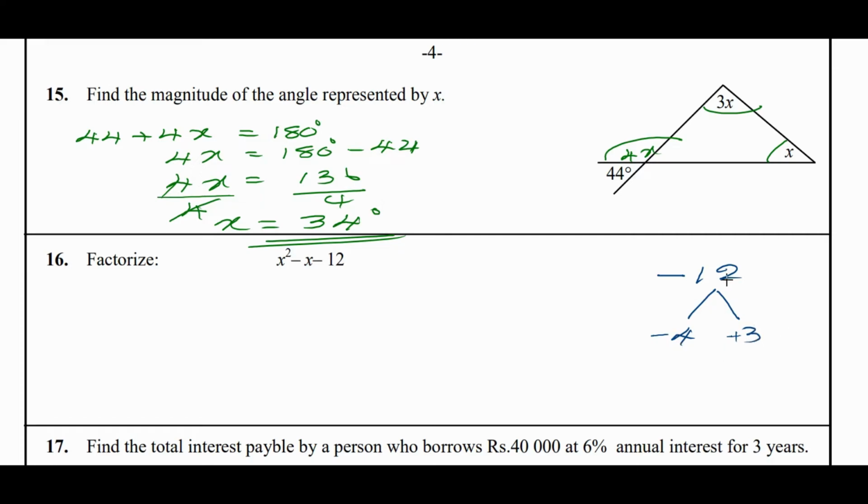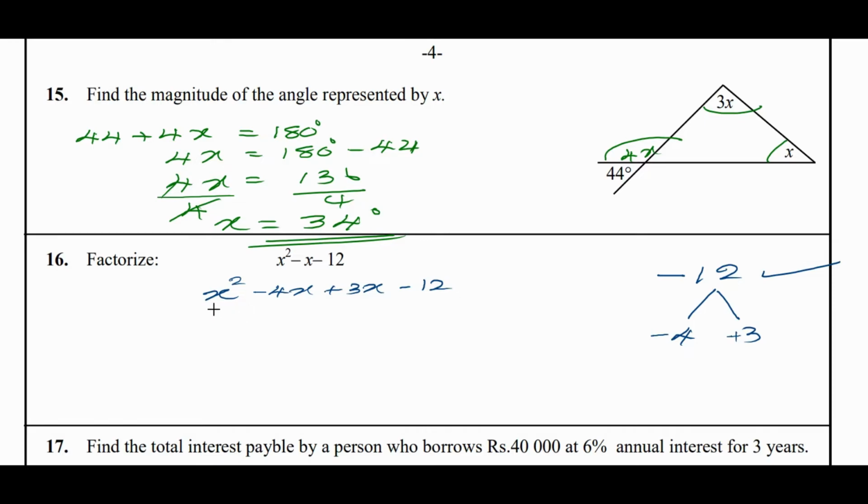Then 4 into 3 is 12, that's okay. Minus into plus becomes minus. This is also okay. And minus 4 plus 3 equals minus 1. Then minus x would be okay. Then I will replace this minus x using minus 4x and plus 3x. Minus 4x plus 3x minus 12.